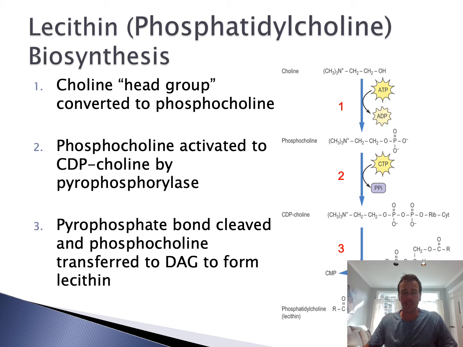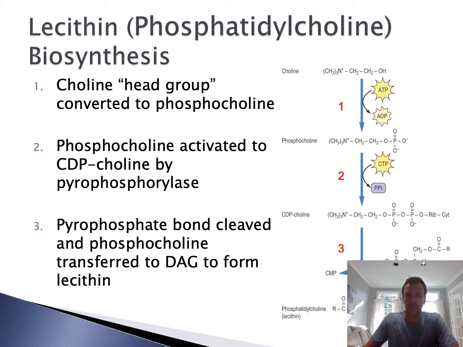Phosphatidylcholine is one example of another phospholipid. It's also known as lecithin. In this case, the choline head group is converted to phosphocholine, shown here, through the hydrolysis of ATP. You get a phosphate from ATP to form phosphocholine. And then phosphocholine is activated to CDP choline by this pyrophosphorylase.